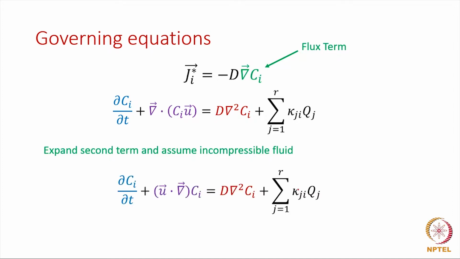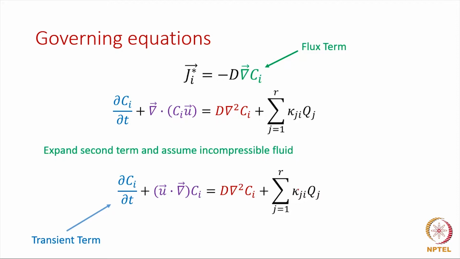Then we can write it in the form which is very commonly seen in this particular subject, namely the convective diffusive generalized equation form for mass transport, which is given in 4 terms. These terms are indicated as follows. The first term is called the transient term, which tells you the way time is affecting the composition.